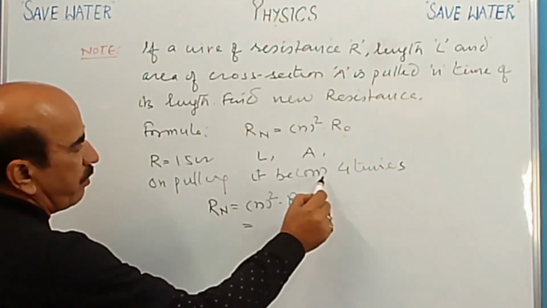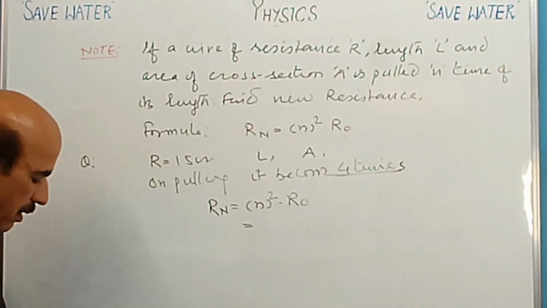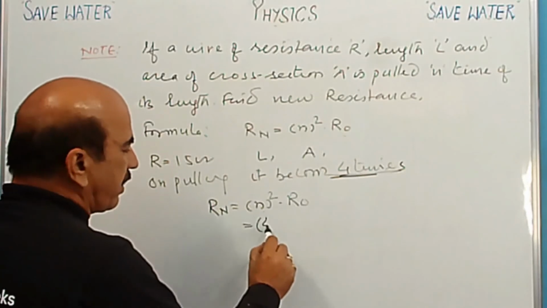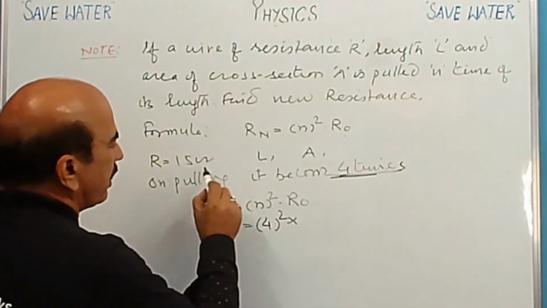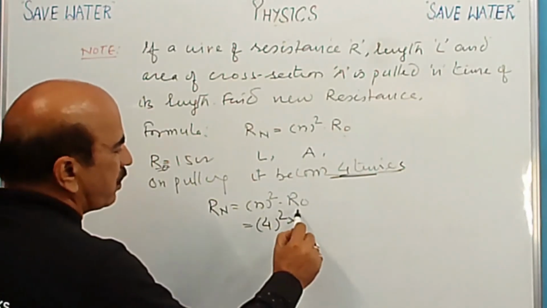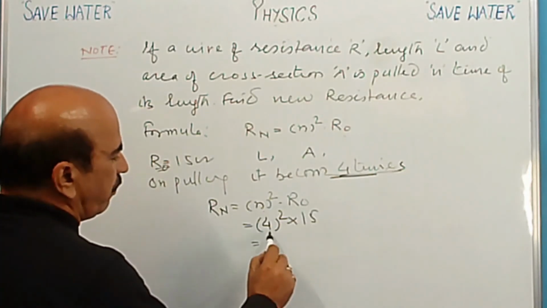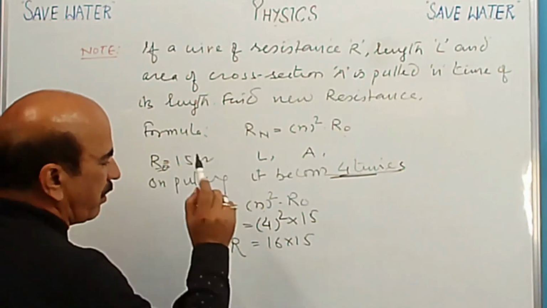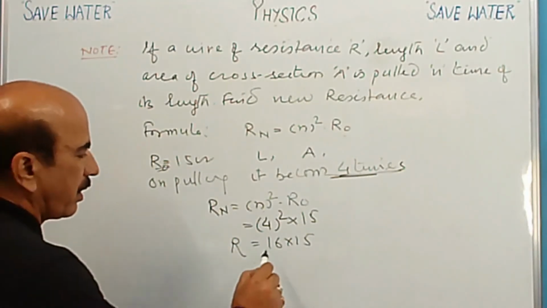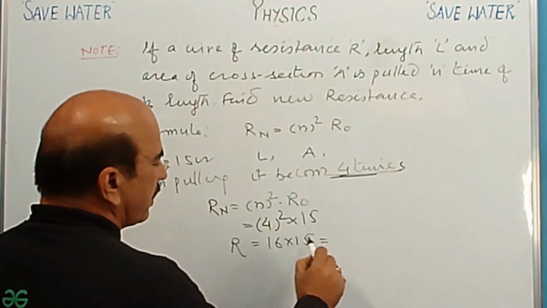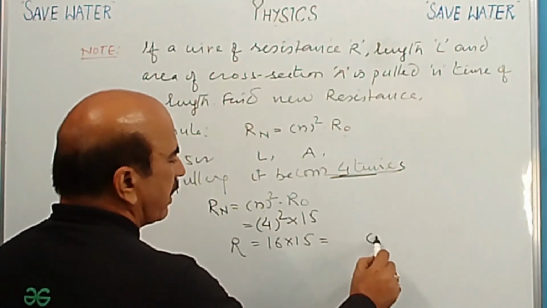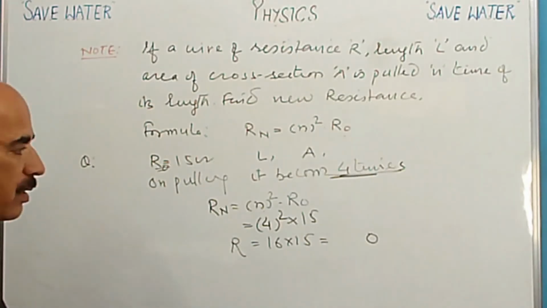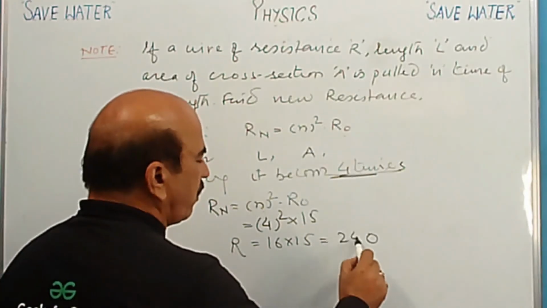Here n is 4 times, so we put 4 squared. Original resistance is 15. So 4 squared is 16, into 15. Multiplying, 16 times 5 is 80, 16 times 1 is 16, and 16 plus 8 is 24. So it will be 240 ohm.